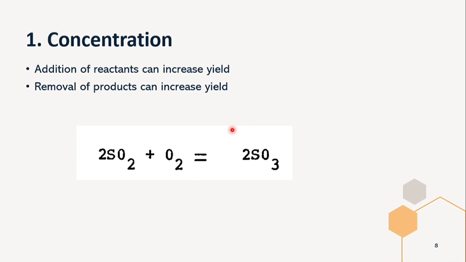In this way, if I again remove sulfur trioxide, more product will be formed as the reactants combine. So if I add more reactants, they will combine to form the product, and if I remove the product, more reactants will combine to fill the empty space at the product side, and again my yield will increase.